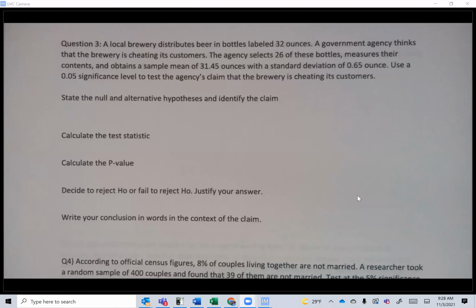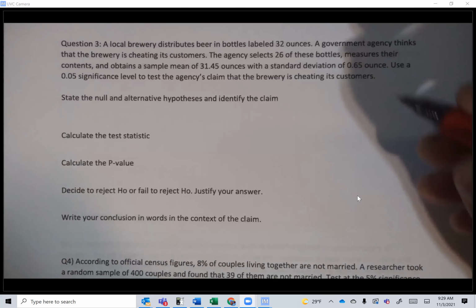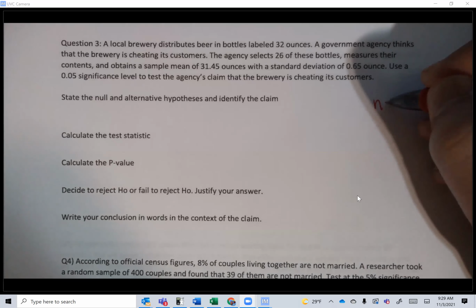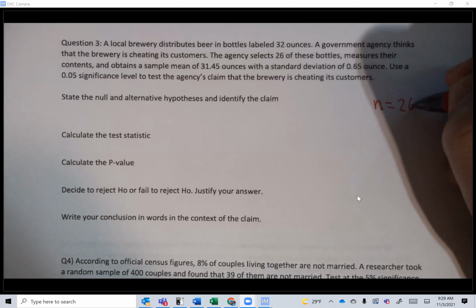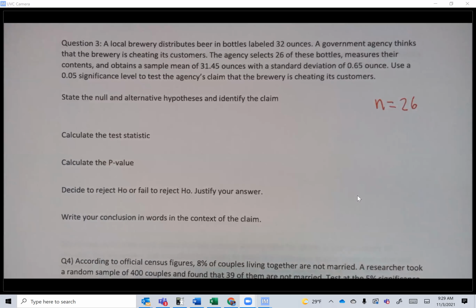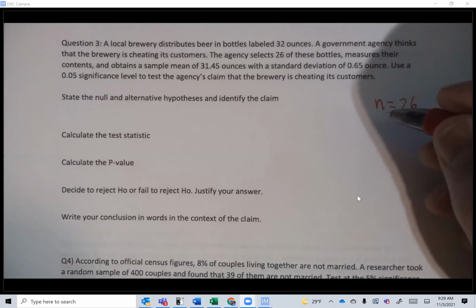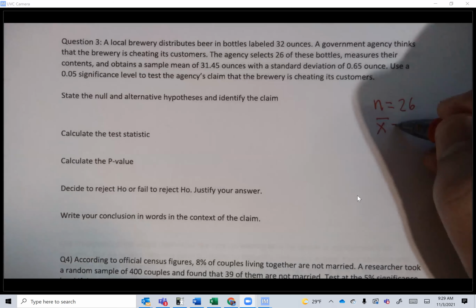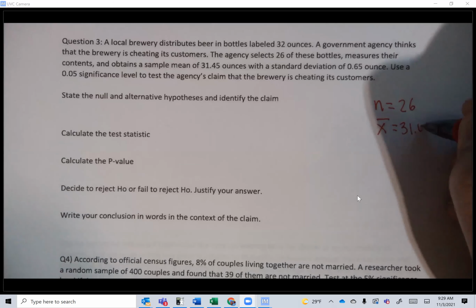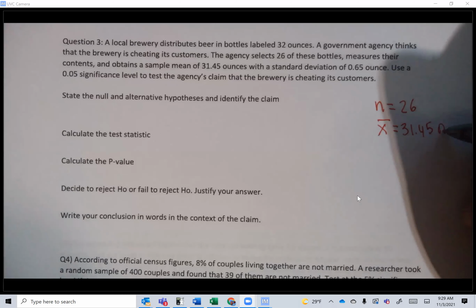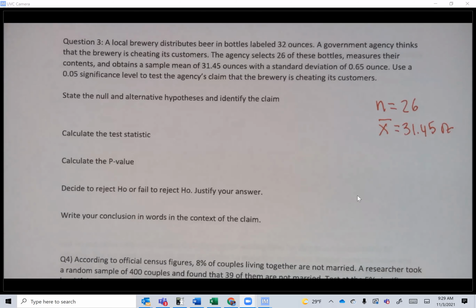A local brewery distributes beer in barrels labeled 32 ounces. A government agency thinks that the brewery is cheating its customers. The agency selects 26 of these bottles. So n is 26, guys. Measure their contents and obtain a sample mean x bar of 31.45 ounces, and a standard deviation.